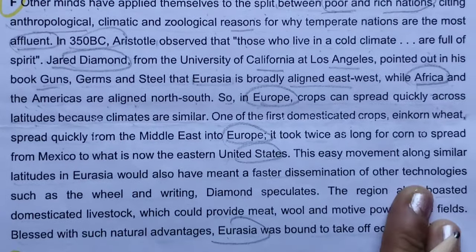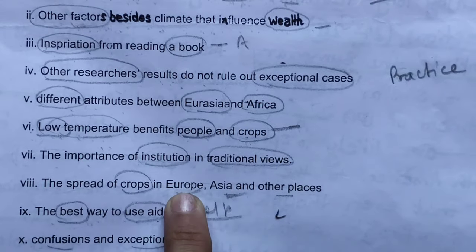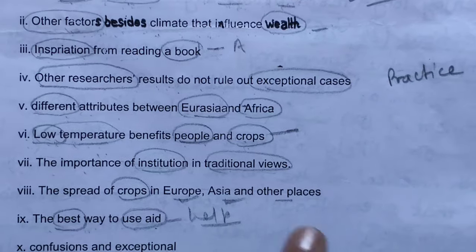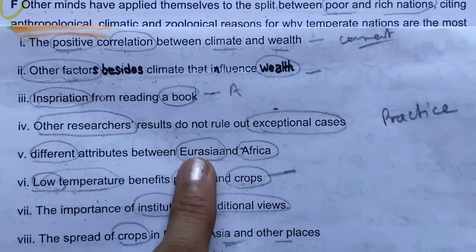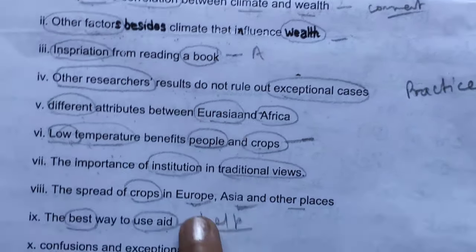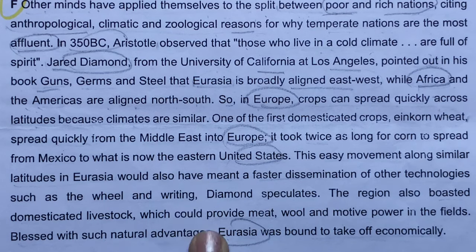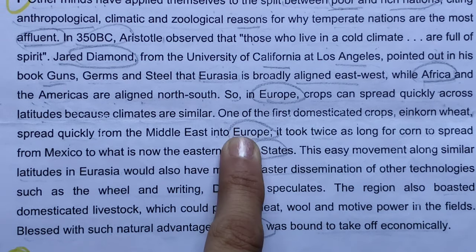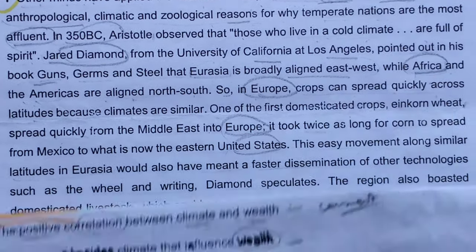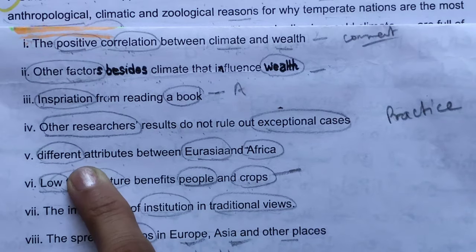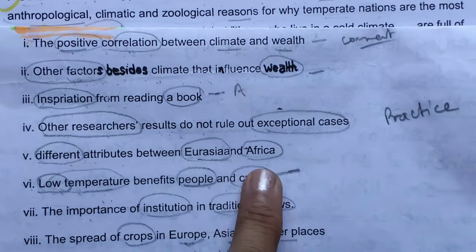So I have started looking for the keywords, because in one they were talking about Europe, Asia and other places. Here also, Eurasia and Africa. So the Asia word is not there. United States, Europe, Eurasia and Africa. Three words I can see. Different attributes between Eurasia and Africa.